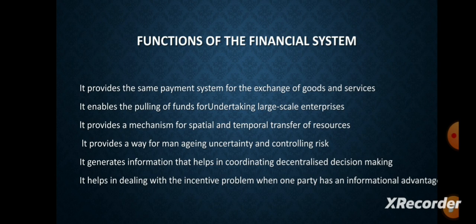It provides a way for managing uncertainty and controlling risk. It generates information that helps in coordinating decentralized decision making. It helps in dealing with the incentive problem when one party has an informational advantage. Friends, now we look at each point in detail.